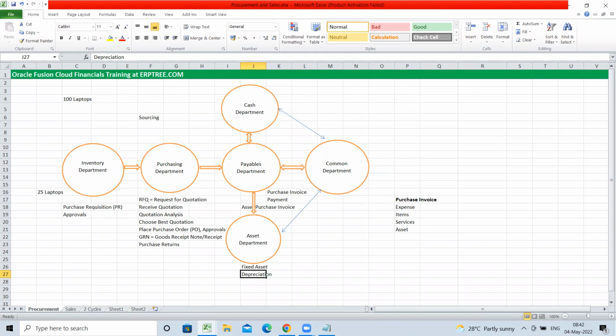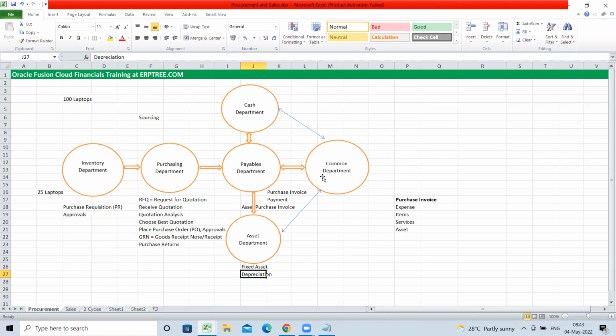We have to calculate the depreciation. We'll discuss it when we work on the relevant application. We'll talk about it as a process. If any purchase invoice belongs to an asset purchase, the payables department will share that information with the asset department. Based on that, the asset department will create a fixed asset in their books, and based on the usage or time, they calculate the depreciation.